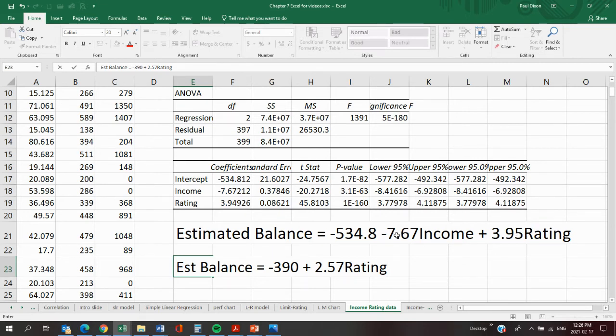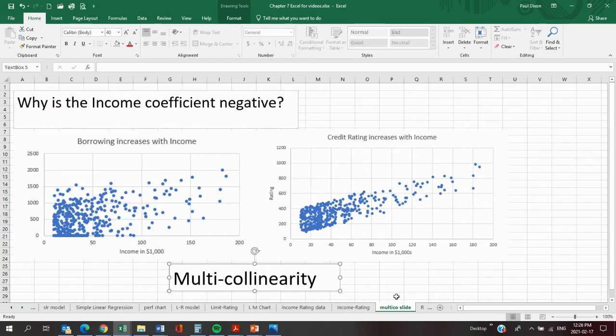But look at the coefficient for income. It's negative. If you recall, the correlation was positive. Why is it negative? We had income, as it goes up, the balance goes up. Borrowing increases with income. We saw this before. But just like we had with rating and limit, as income goes up, your credit limit goes up.